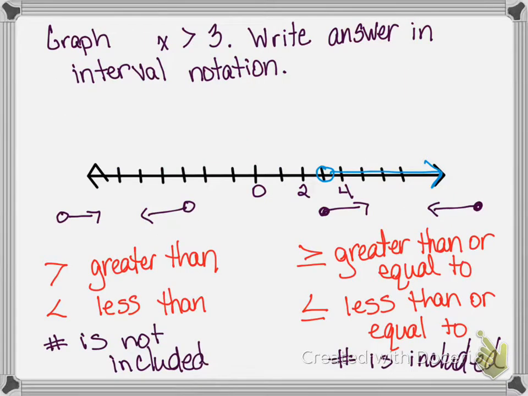So, here we go. Instead of using the open dot to signify that 3 is not included, in interval notation, what am I going to use? Parenthesis. So I'm going to have a parenthesis at 3. I'm still going to go all the way up here.